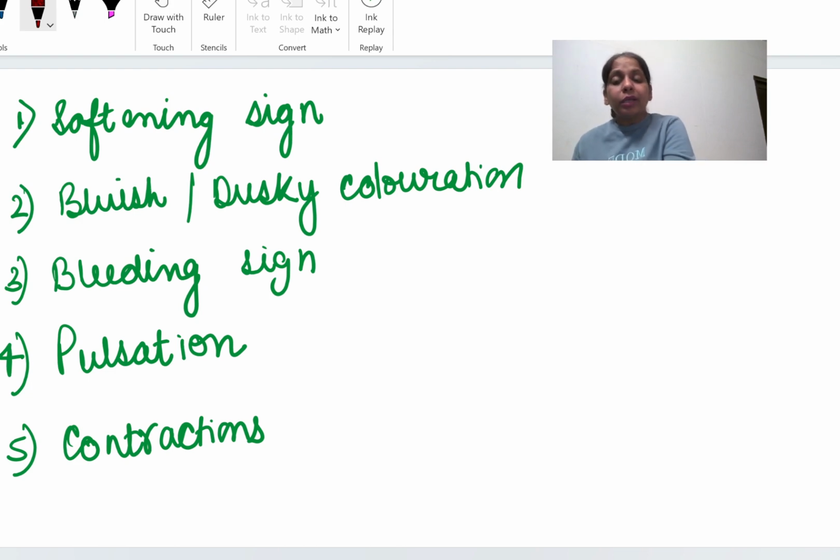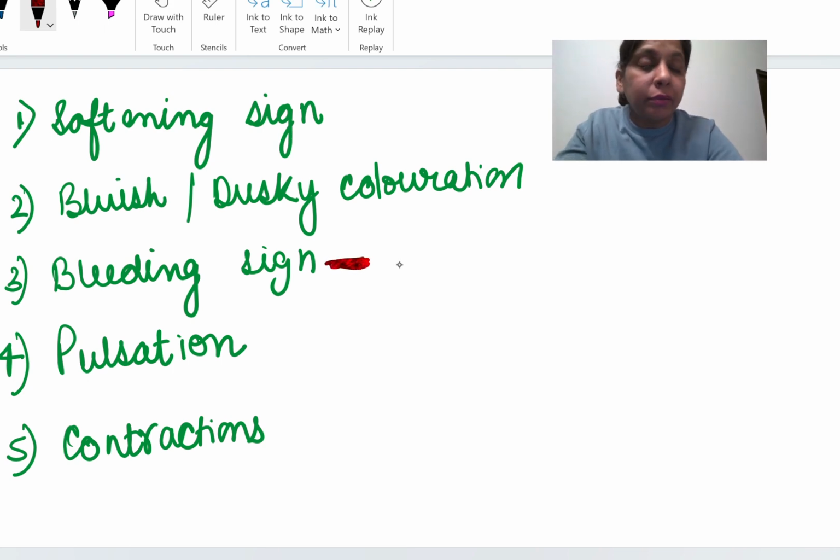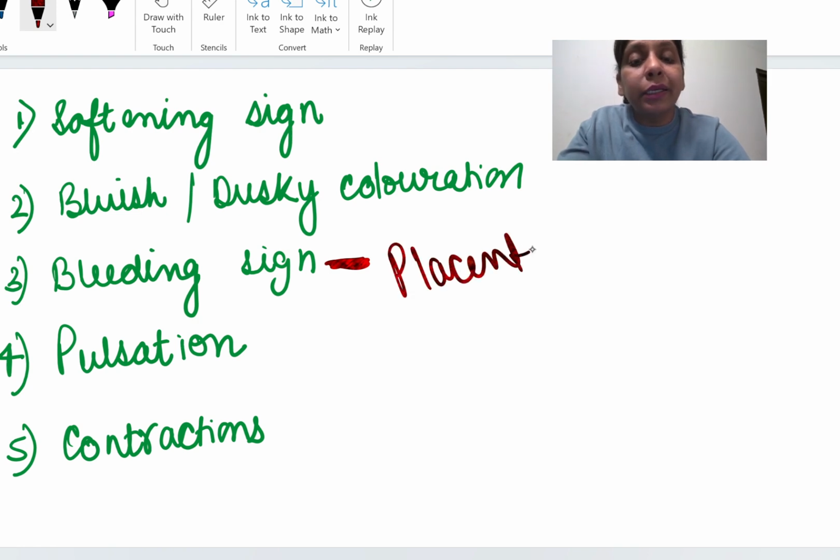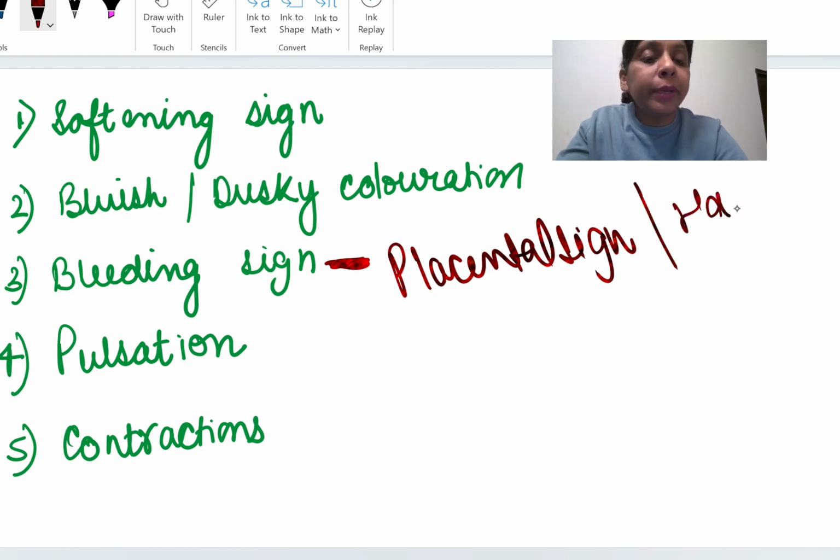Bleeding sign. So what is the bleeding sign? If the bleeding occurs on the day of the LMP, 1 month after the LMP, it is known as the placental sign or Hartmann sign.